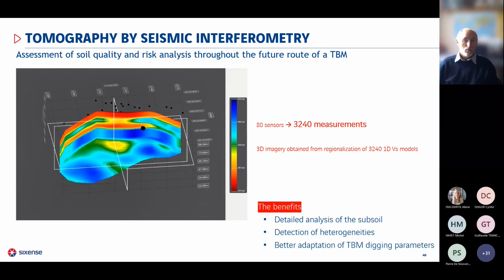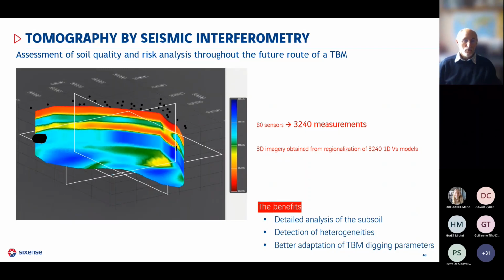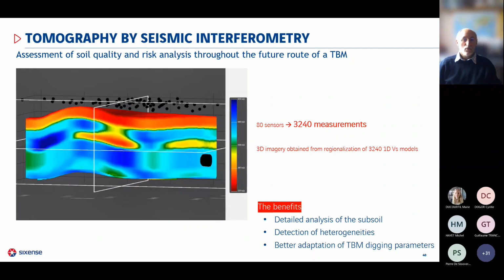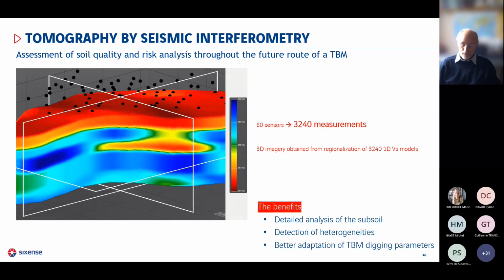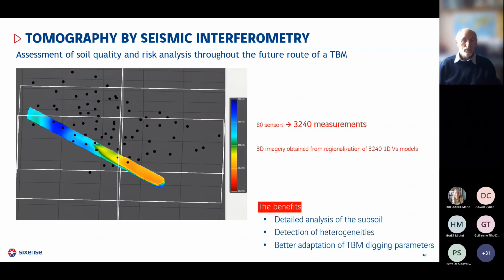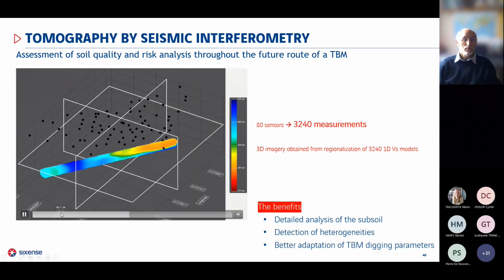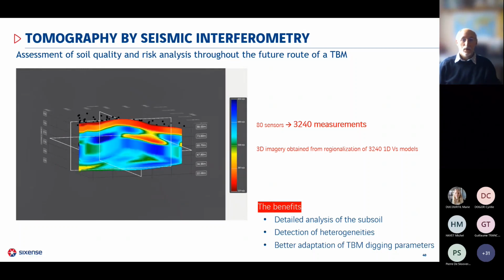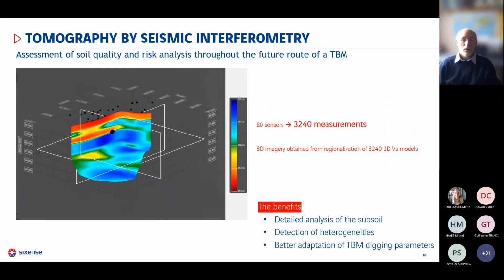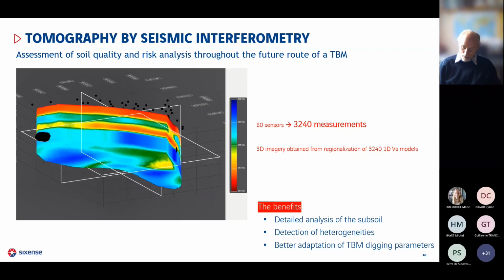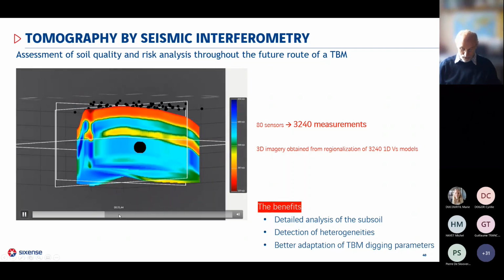The color range represents the values of the velocity in the area of study. And we use this visualization software that we developed to visualize the results and extract, I don't know, sections, observe the results, the velocity change in the volume, etc.